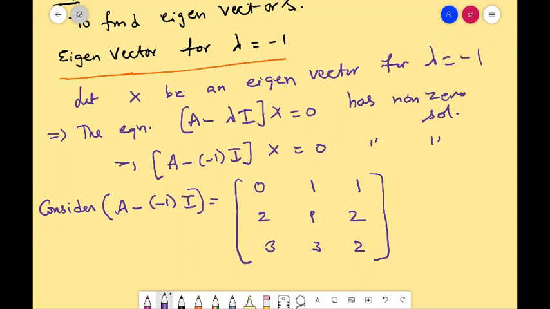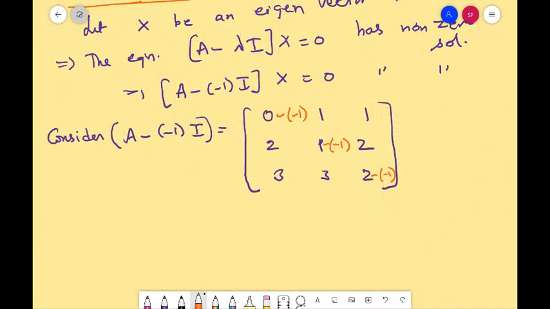Then in this you have to subtract -1 from each diagonal element. This is A minus lambda I. What will this be? This will be equal to 1, 1, 1, 2, 2, 2, and then 3, 3, 3. This is A minus lambda I.